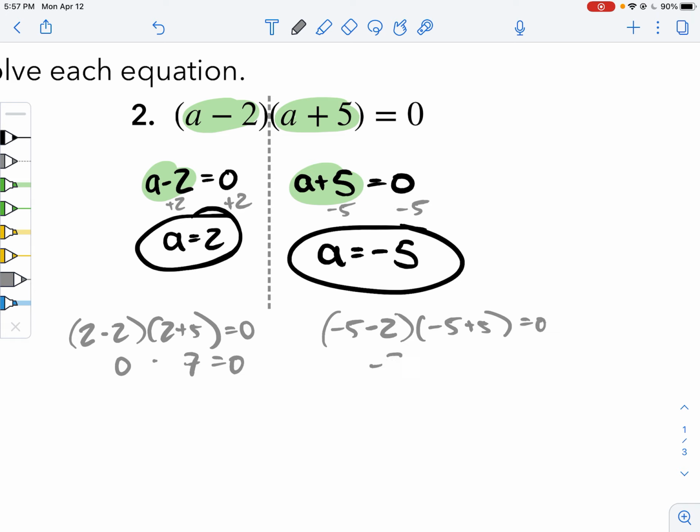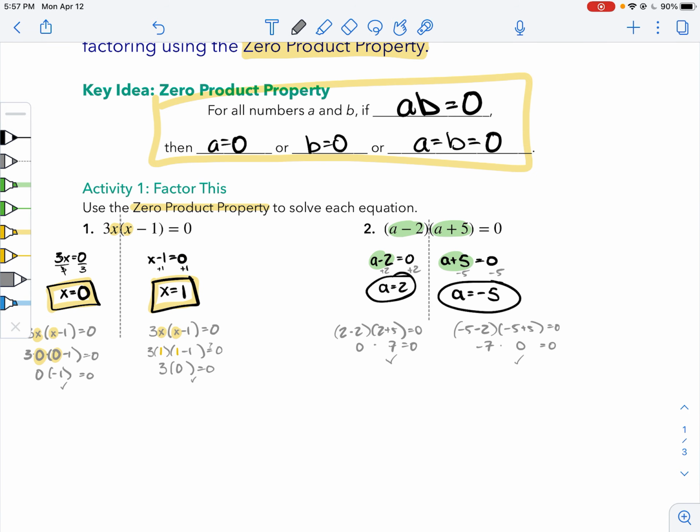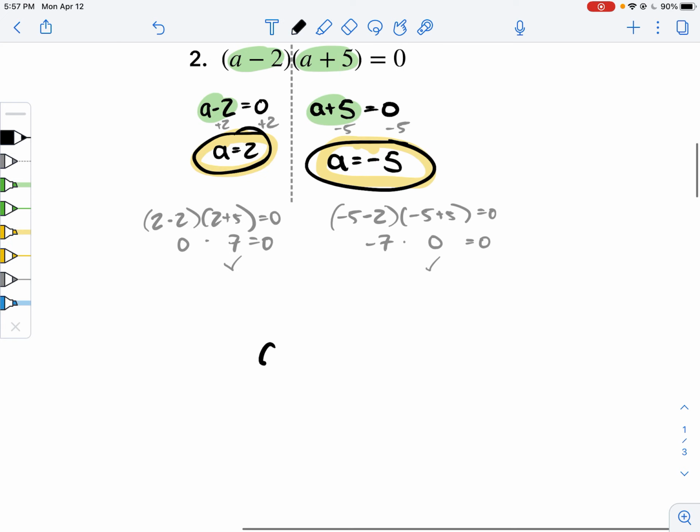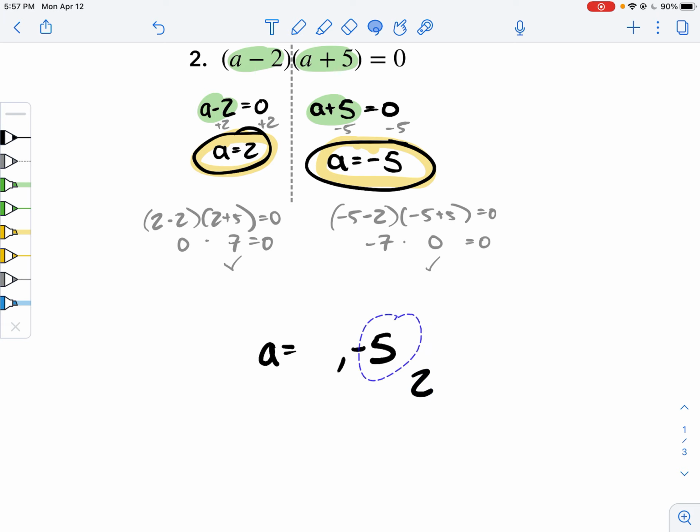Well, negative 7 times 0 is still 0. So that's correct. So if you want to leave your answers in two circles like that, that's fine. You can also totally say, a equals 2 and negative 5. But I like to put them from smallest to biggest. So a equals negative 5 and 2.